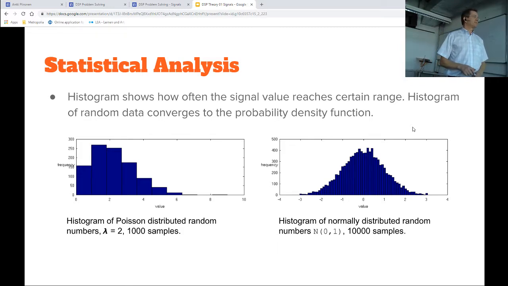The histogram is never exactly Gaussian because of the noise. The random numbers appear randomly, so there's a variation in the values right here.